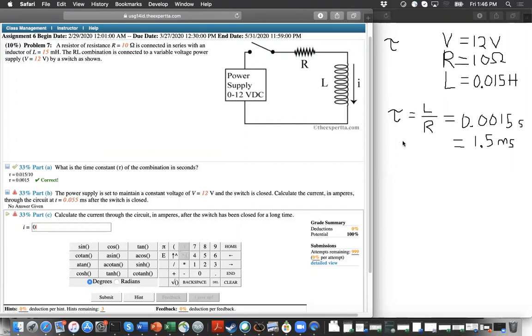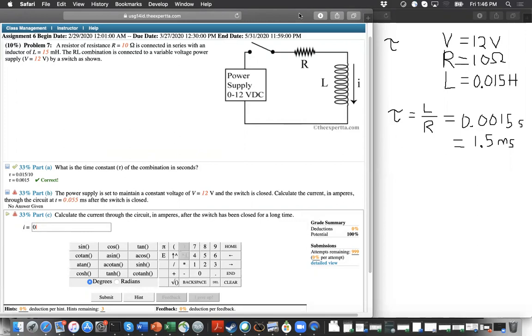But that formula is a little more complicated than we have to deal with, and so it can be a little intimidating to start with. This question is actually easier. Calculate the current through the circuit in amperes after the switch has been closed for a long time.